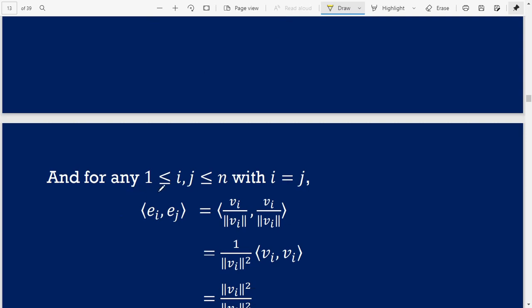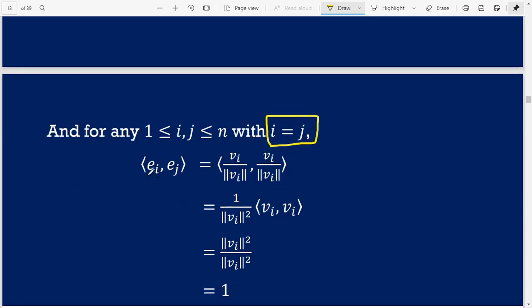And for any i and j with i equal to j, inner product Ei with Ej is equal to, putting the values of Ei and Ej, Vi upon norm Vi, Vi upon norm Vi.